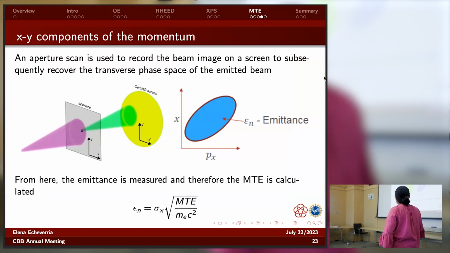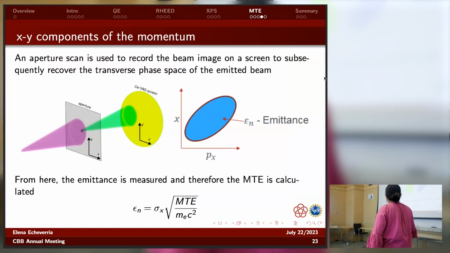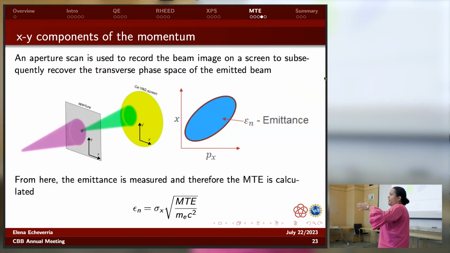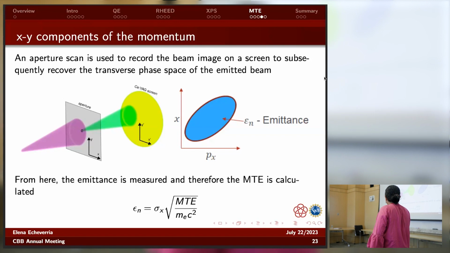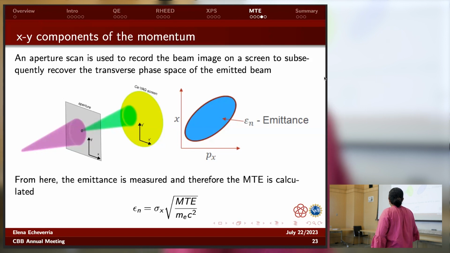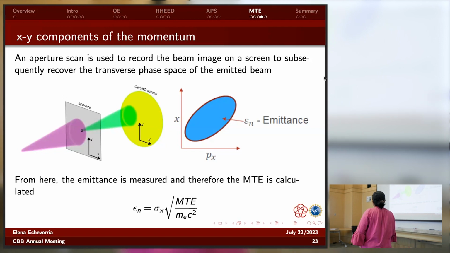That beam will hit a fluorescent screen, basically a scintillator screen, and we can measure the momentum of that beam. Now, if we move around in X or Y the original beam here, we can get at the end a plot that is a phase space of that photocathode.